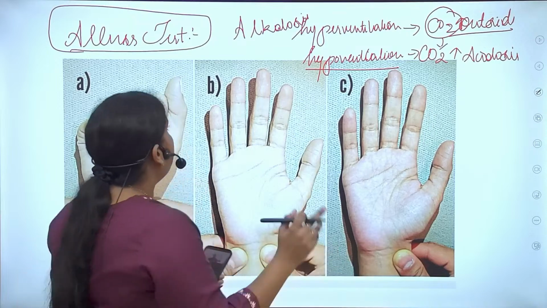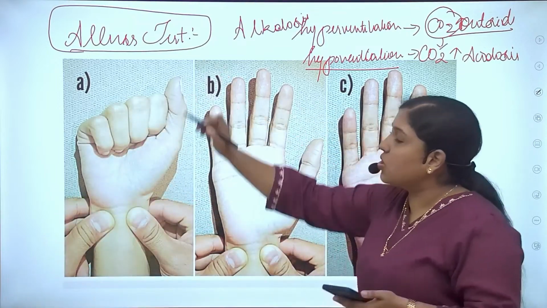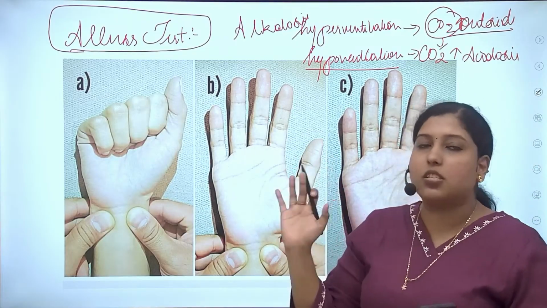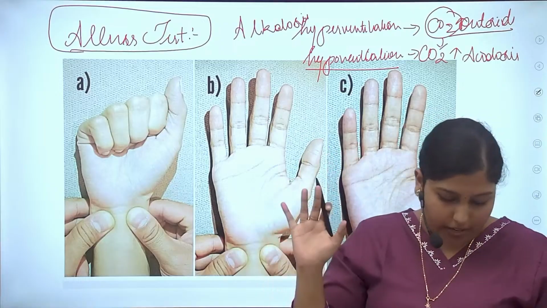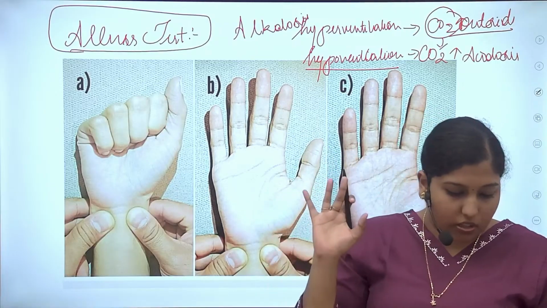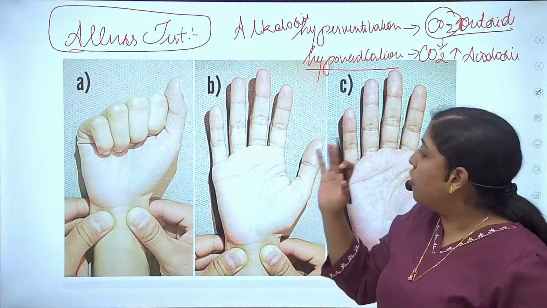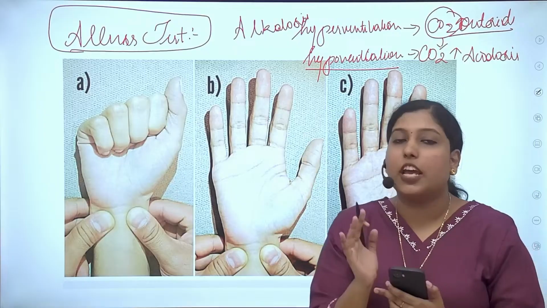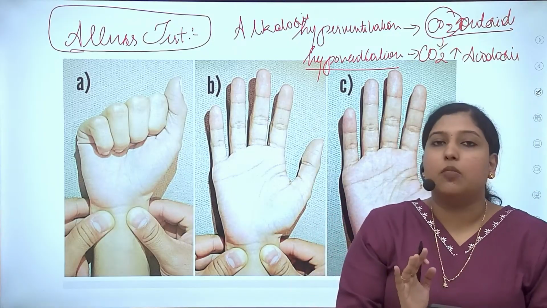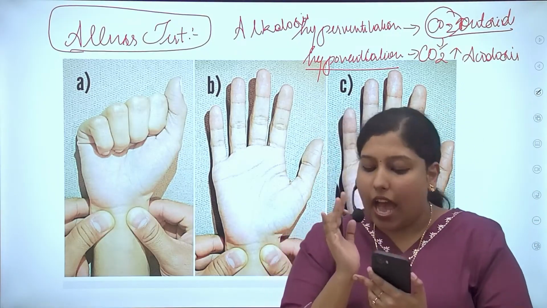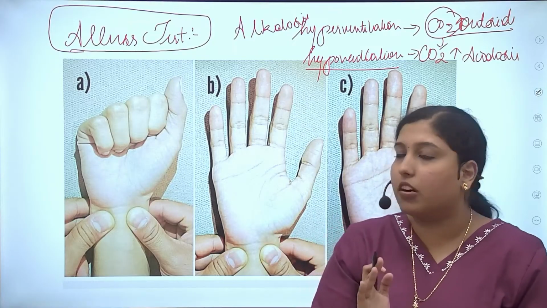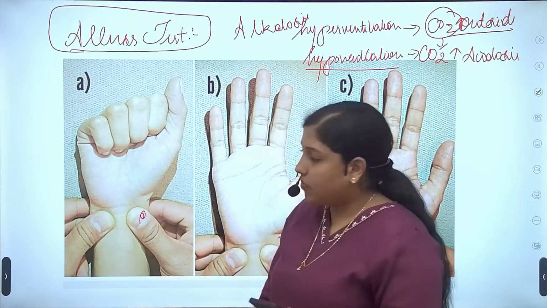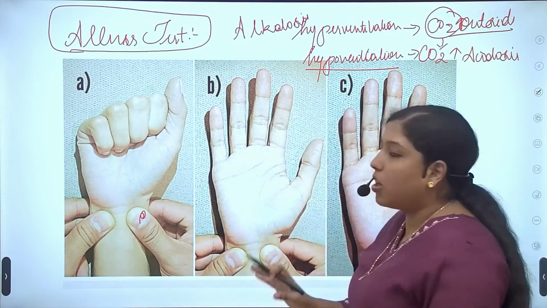So next, coming back to Allen's test. Allen's test is one of the most important tests used to identify the collateral circulation of your hand. Whenever you are approaching the radial artery for ABG sampling, you have to perform this Allen's test to identify whether, if there is a thrombosis in my radial artery, my ulnar artery will work properly or not.